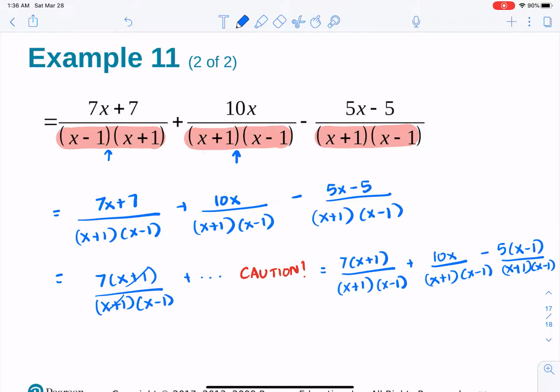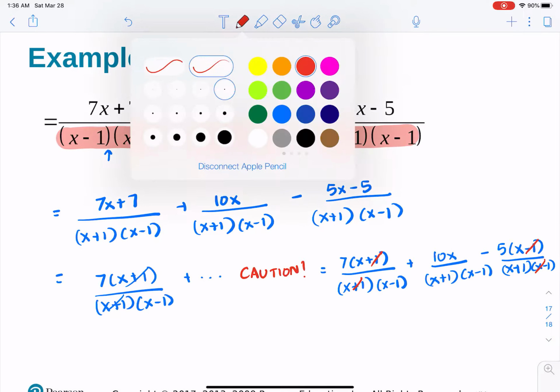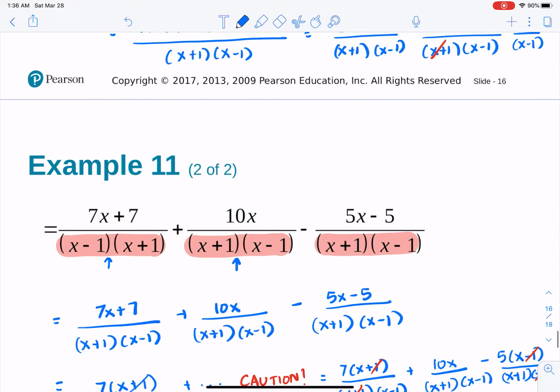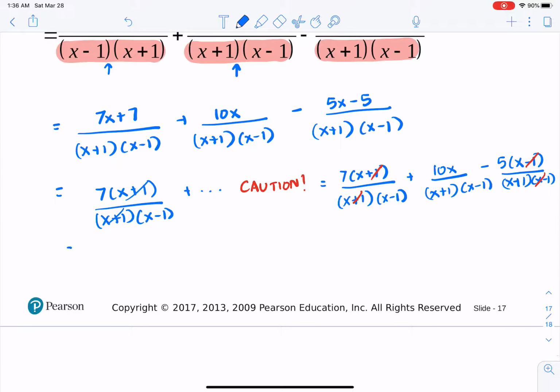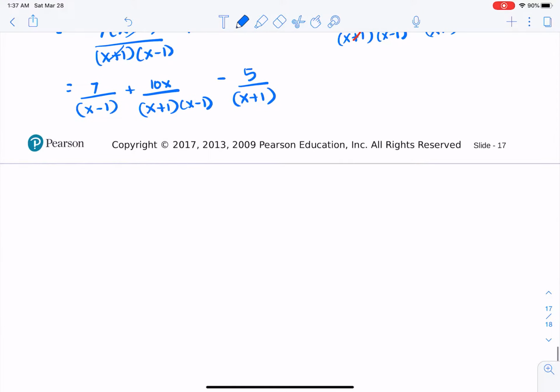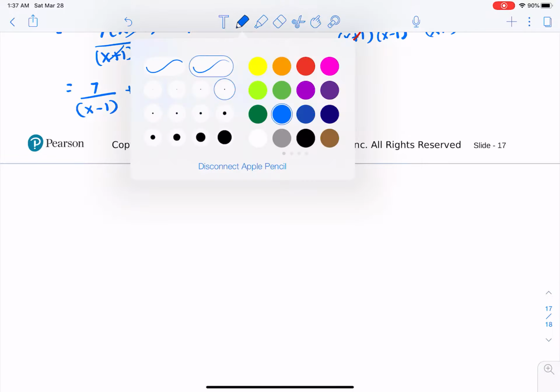You may merrily cancel those two and those two terms, and you will write it as 7 over x minus 1 plus 10x over x plus 1 and x minus 1 minus 5 over x plus 1. What did you do?